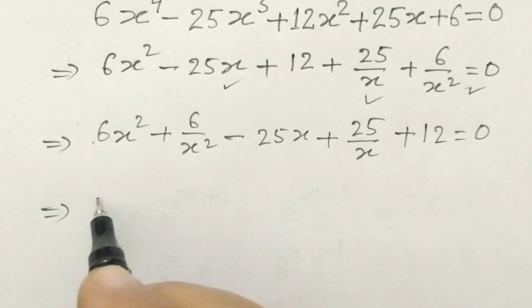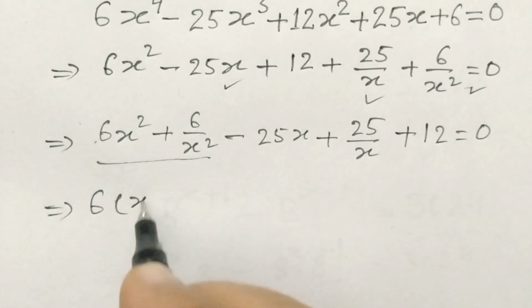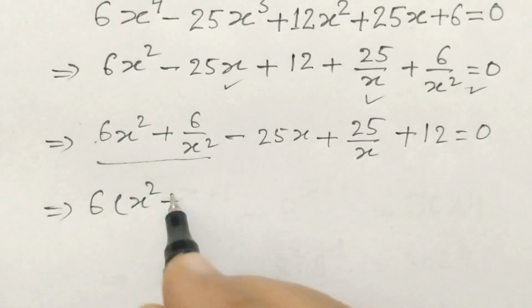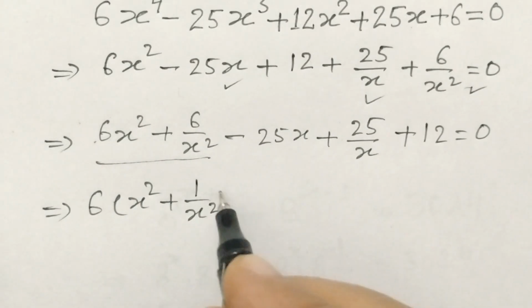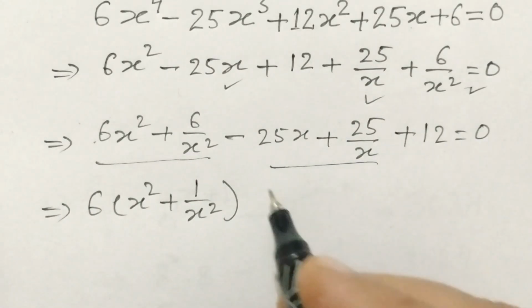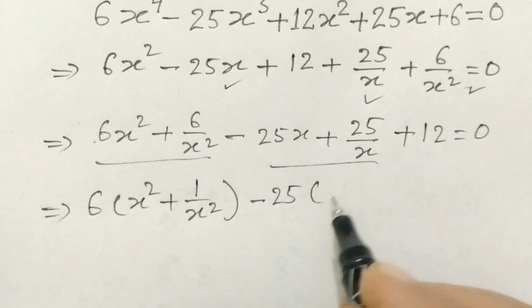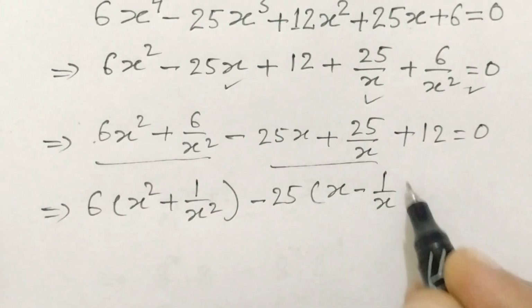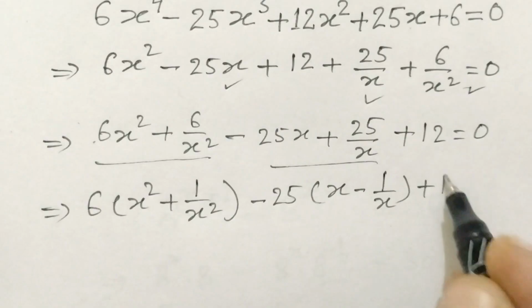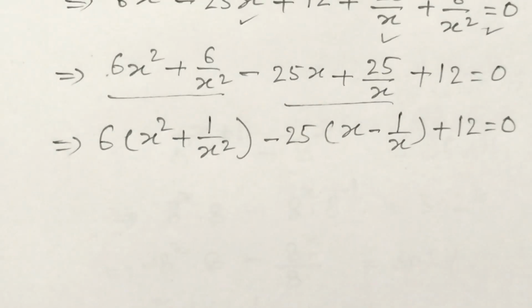If we take 6 as common, x^2 + 1/x^2, and here minus 25 as common, x - 1/x, plus 12 is equal to 0, right?